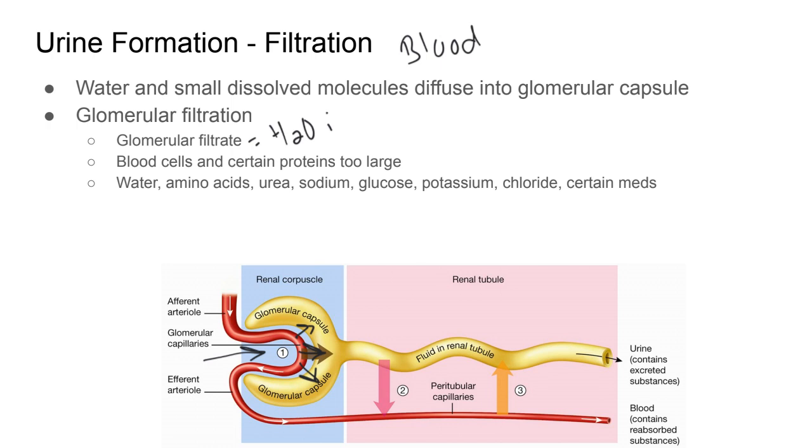So that's the water that you'll find there in the capsule. Some of the things that can cross that filtration membrane are water, amino acids, urea, sodium, and glucose. All of those things are small enough to cross, so these can end up in the filtrate.